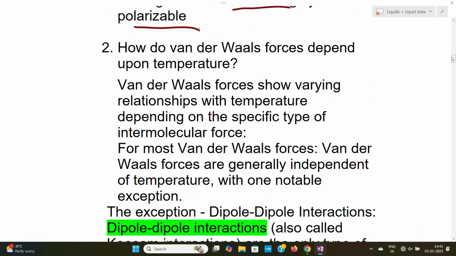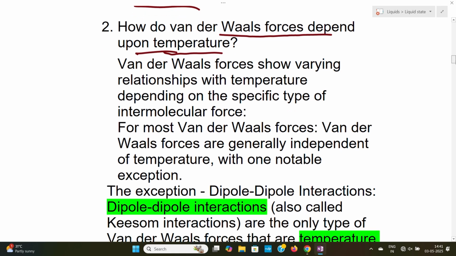Now we move on to the second question: how do van der Waals forces depend upon temperature? The answer is, generally the van der Waals forces are independent of temperature, with some exceptions.